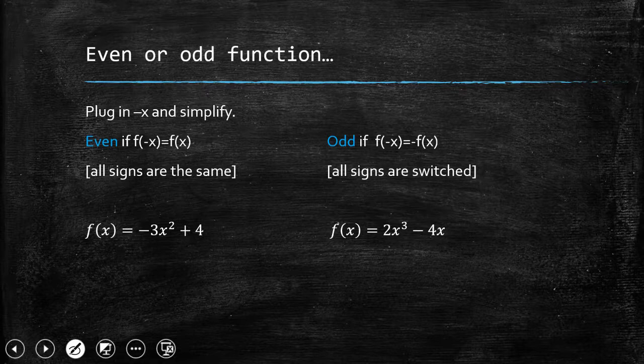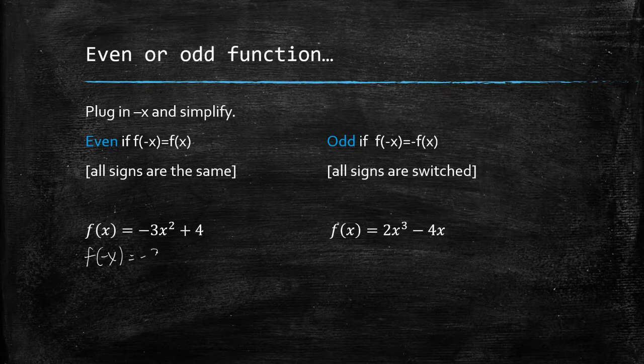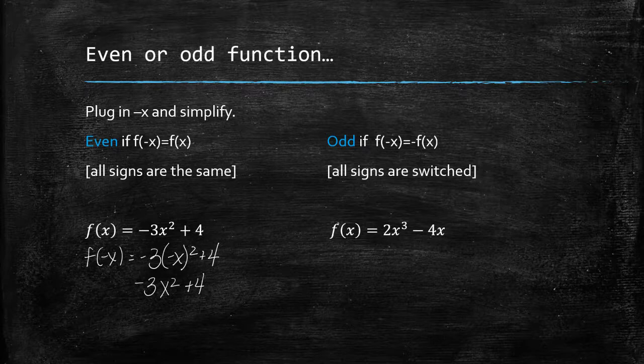So start by plugging in -x into the original function. So for this one, I'm going to put in -x for my positive x, and then I'm just going to simplify. -x squared is -x times -x, which is positive x squared. I have exactly what I started with, so this has to be even.